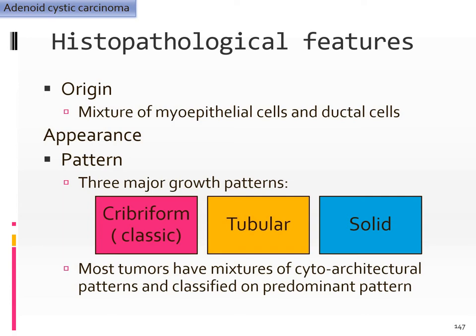There are 3 major patterns that are described in adenoid cystic carcinoma. The first pattern is a cribriform pattern, which is also called the classic pattern. The second type is the tubular pattern, and is intermediate between the solid and the cribriform types. The solid is the worst prognosis, and there is no cystic component in that.